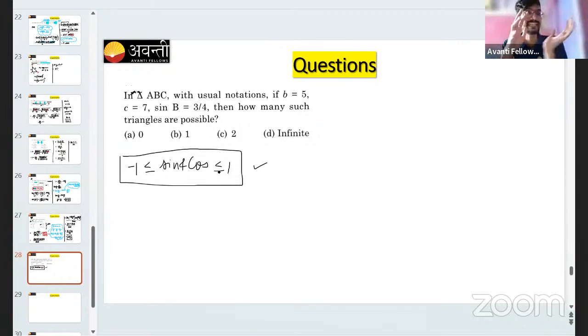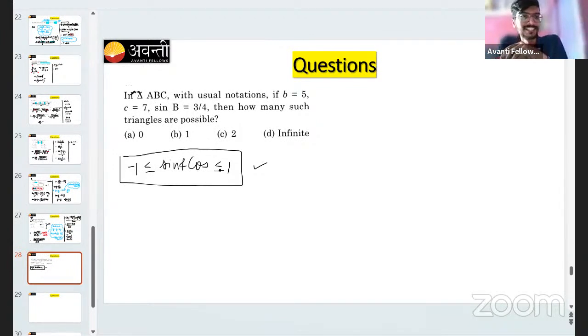So if that answer came but it is not possible, that means the triangle is not possible. Got it? I need to find sine A, sine B, sine C, and check whether all of them lie between -1 and +1. If it satisfies, then it is very good, the triangle will exist. If it does not satisfy, then the triangle will not exist.